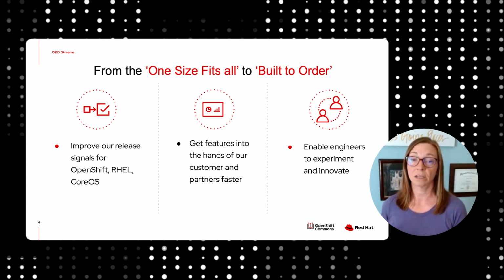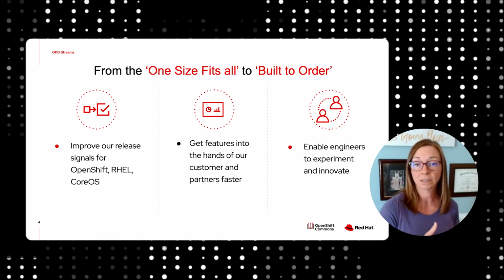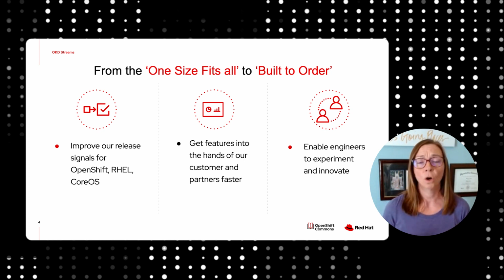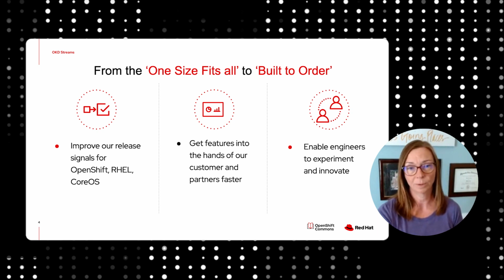OKD Streams on SCOS allows maintainers of OpenShift components to solve problems that would occur with the next RCOS, since SCOS is a preview of RCOS that is only 6 months ahead. Furthermore, the OKD community wanted to empower wider use of OKD for experimentation in more use cases, such as layering additional RPM resources on top of the base OS image, swapping components around, or reducing the footprint for edge deployments.